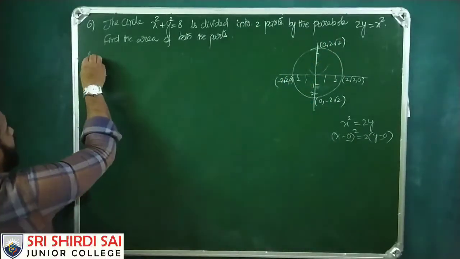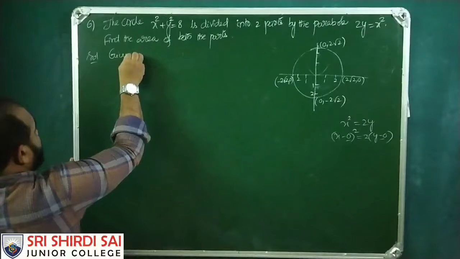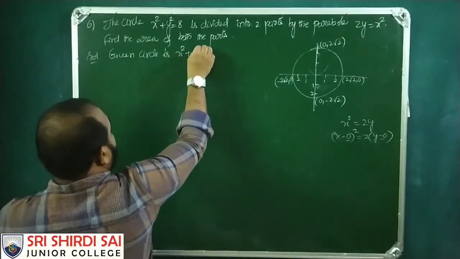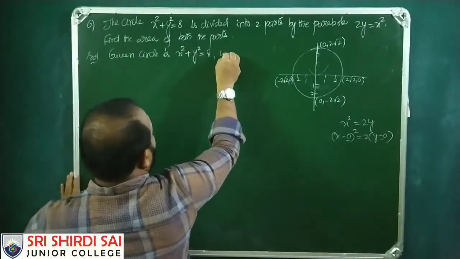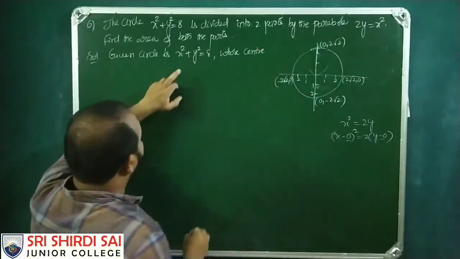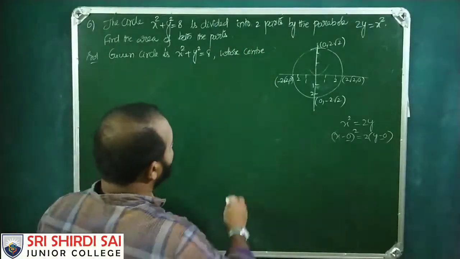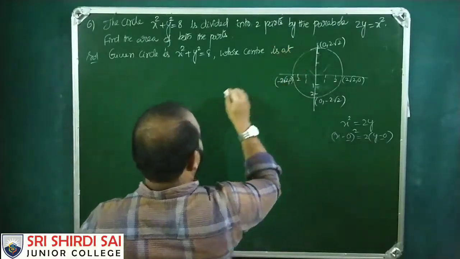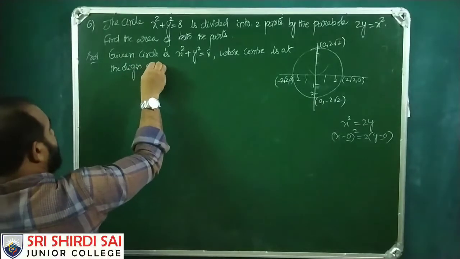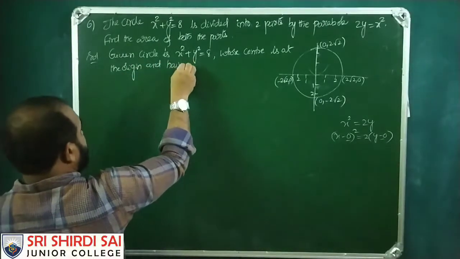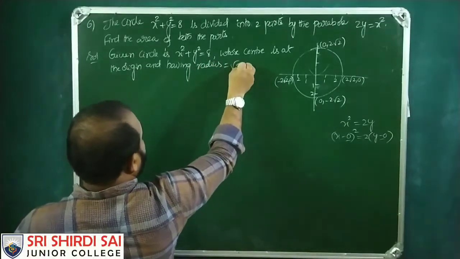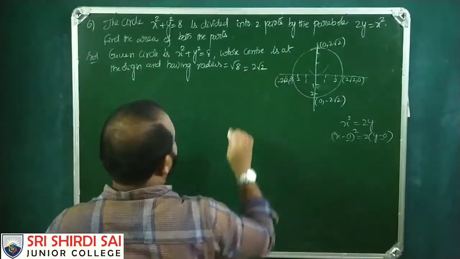So the solution: the given circle is x square plus y square equals 8, this is the standard form of the circle whose center is at the origin and having radius root 8, that is 2 root 2.